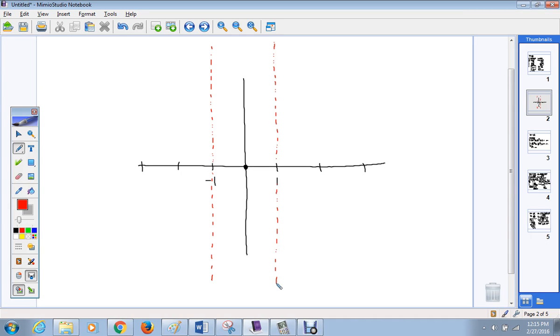And we said we have a horizontal asymptote at 2. So we have our asymptotes drawn in.